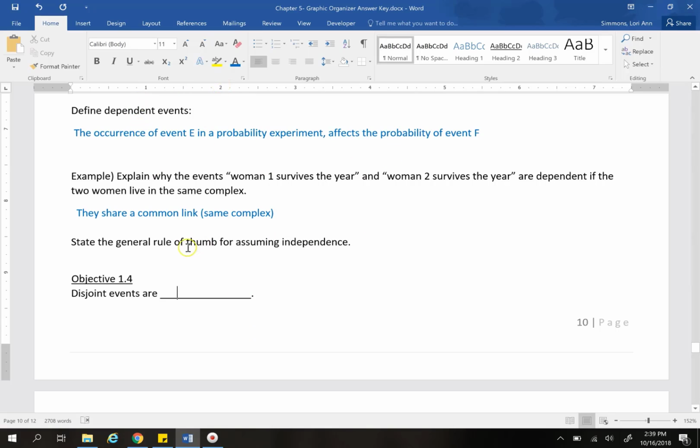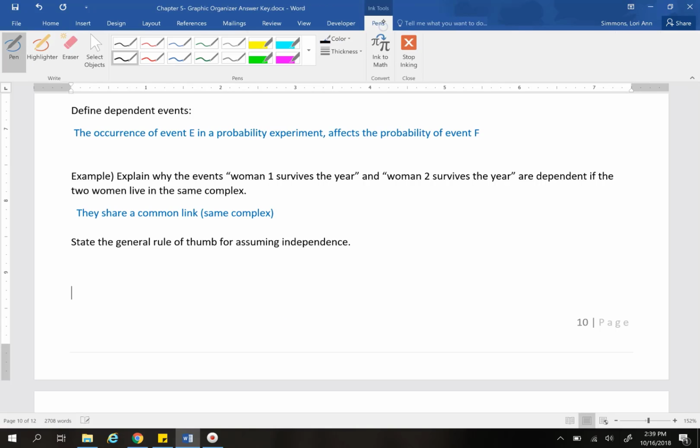Okay, now we need to state the general rule of thumb for assuming independence. Remember, lowercase n refers to a sample. So we have n is less than or equal to 0.05 times N. If this happens, we can assume independence.